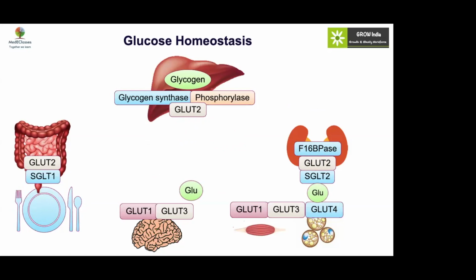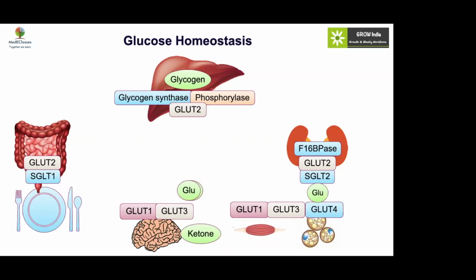The second line of defense is actually the gluconeogenic pathway, which is like bonds that you have taken out for a few years. While glycogenolysis will take care of 6 to 12 hours, this is going to take care from around 12 to 24 hours. So gluconeogenic defects will start to appear once you are older than 1 year of life, and they will typically present with hypoglycemia, ketoacidosis, and lactic acidosis.